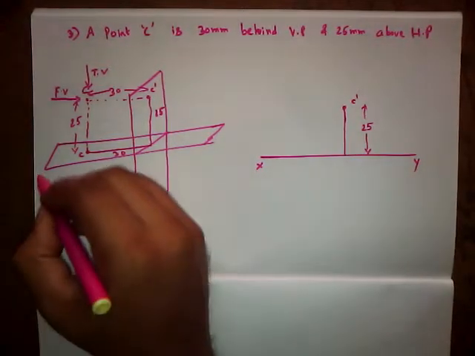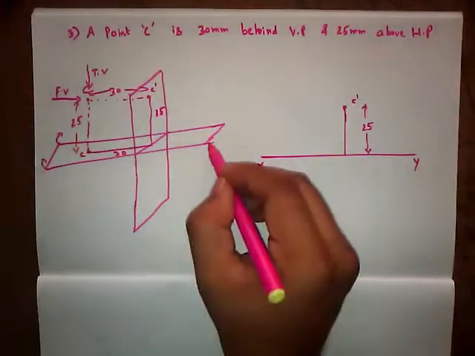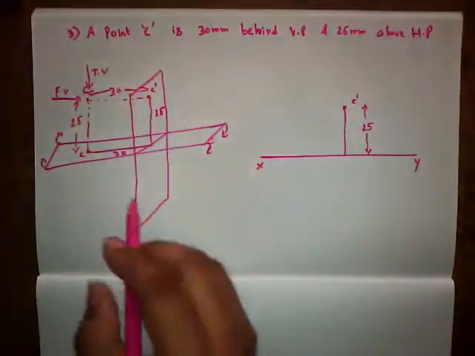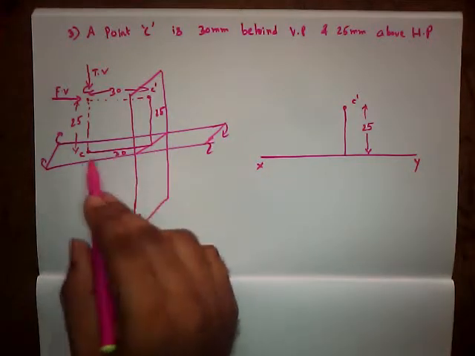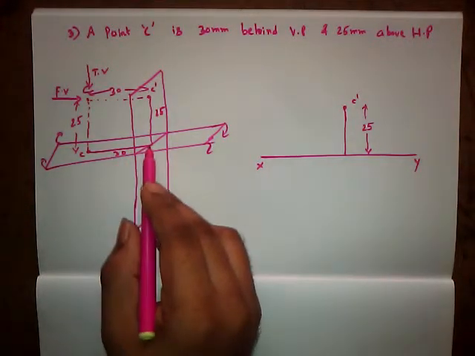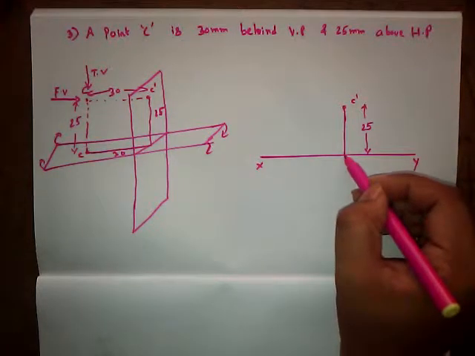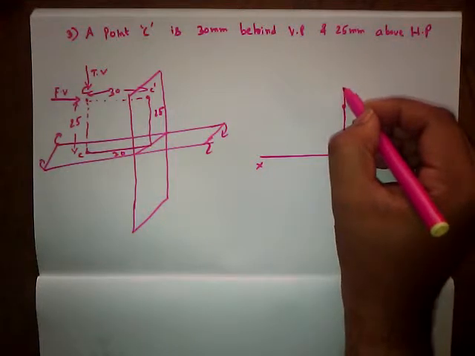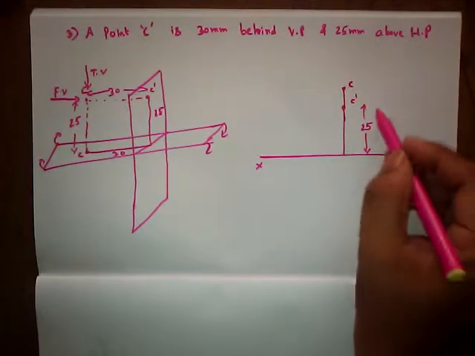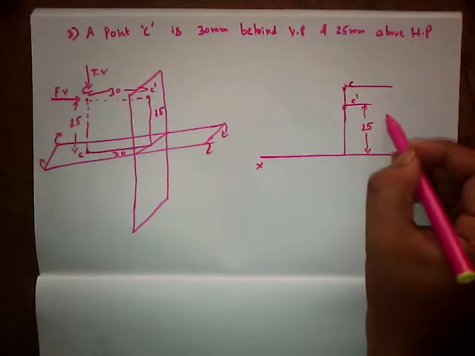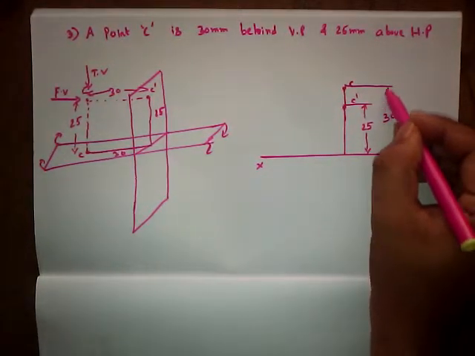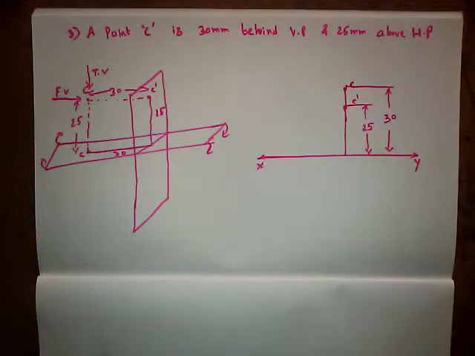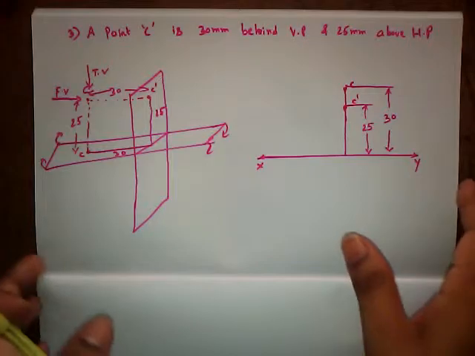And on rotating this part in clockwise direction, this part is going to move upwards, at a distance of 30 mm from the XY reference line. So from the XY reference line we need to take 30 mm, so we need to extend a part of nearly 5 mm. So this is going to be point C, the extra part that we have extended. This is how we need to construct, guys. So let us go to the next question.